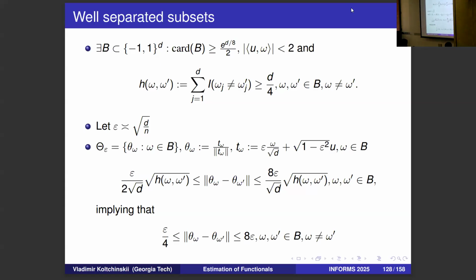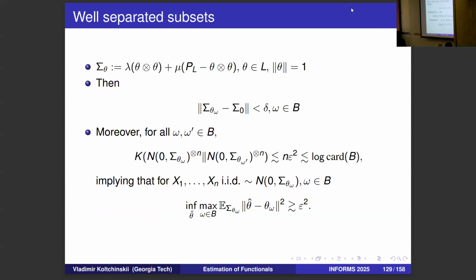Okay, so what do we do next with this? We will denote by sigma theta a spiked covariance acting in our space L, for which the top eigenvector is theta, right? And then this covariance sigma theta omega will be in our neighborhood.